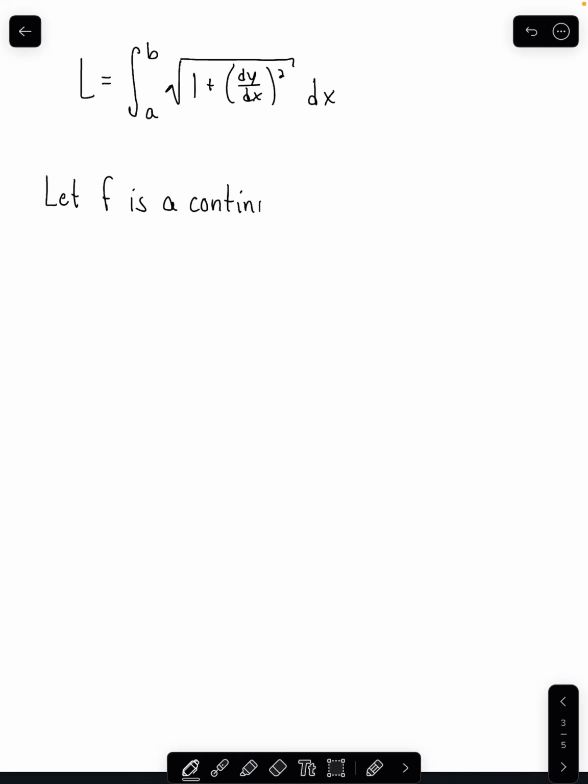So, let's look at an example or two of this. Let's start with a function y equals 1/6 x cubed plus 1 over 2x on the interval from 1/2 to 2.